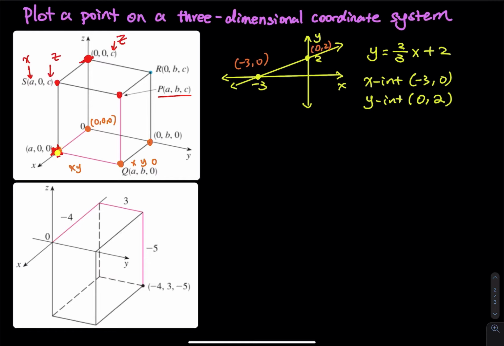Just look at my yellow pointer on the picture. We start at x equals a, and then we go right here. That is y equals b. From this 0 to this corner, the distance is b.